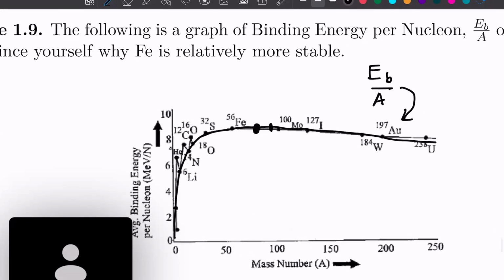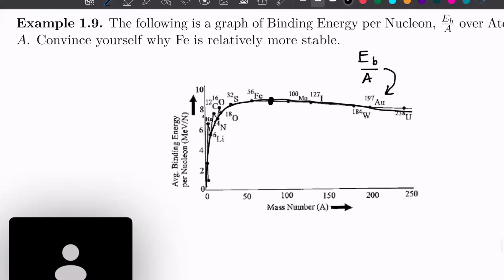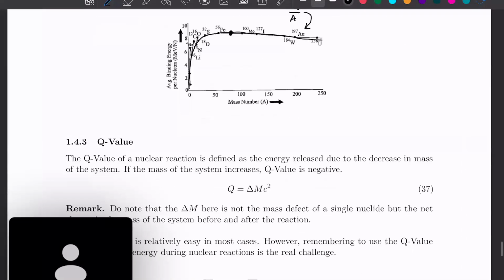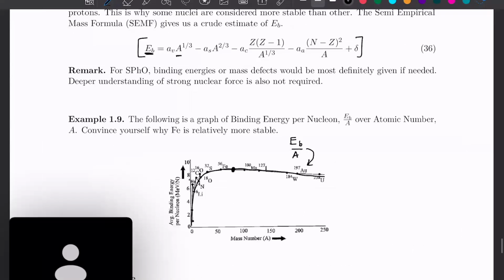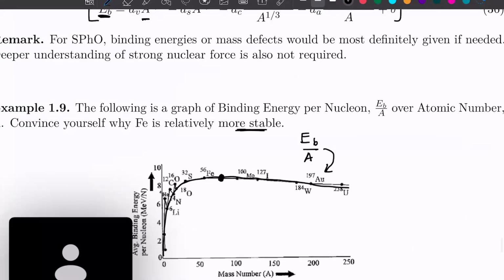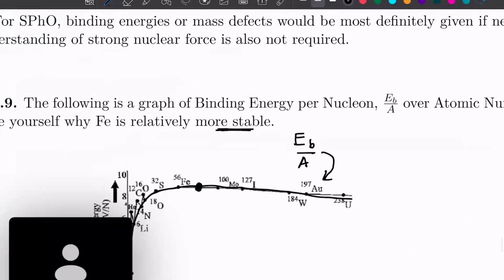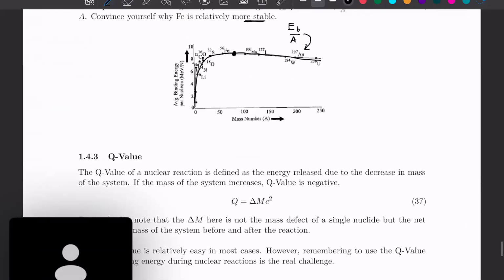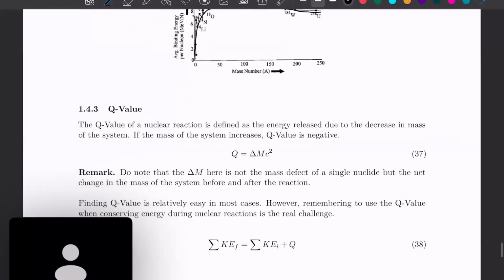And this is basically the most stable, which is where iron falls, iron and I think nickel also. So which is why iron is considered most stable. I leave it as a practice for you to convince yourself why this stationary point is considered the most stable. And stable meaning least energy in the system, the lowest energy configuration of the system. You can think of that yourself.